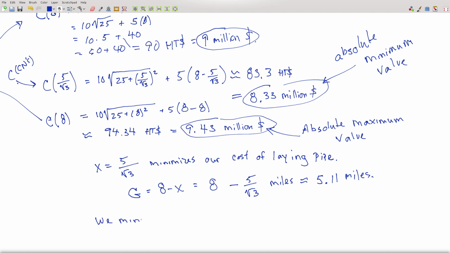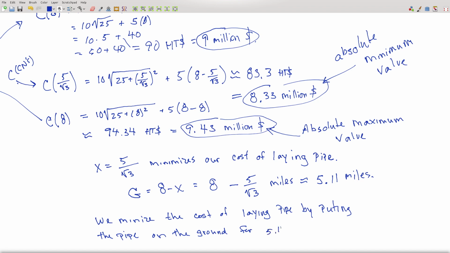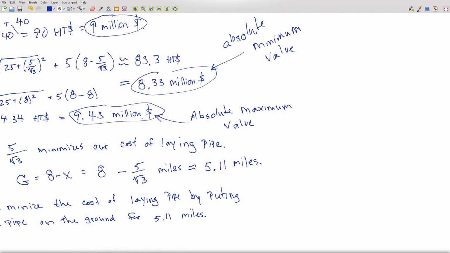So a nice way to write the final answer is that we minimize the cost of laying pipe by putting the pipe on the ground for 5.11 miles, before turning and then running it under C. So 5.11 miles from the refinery is probably a pretty good answer.